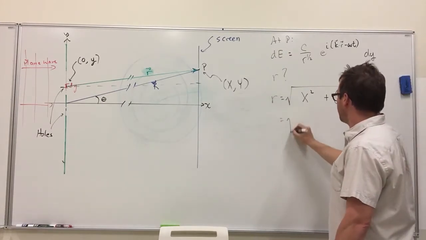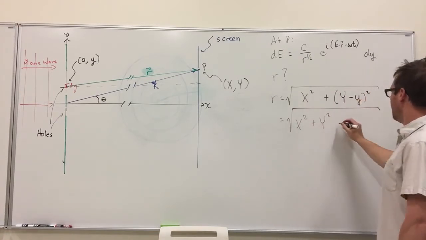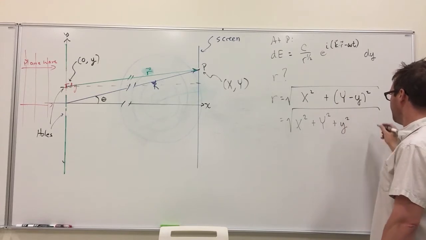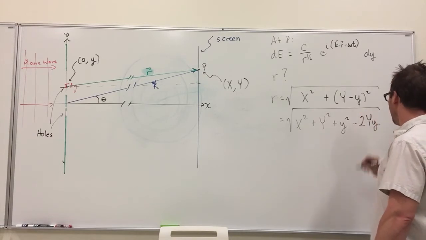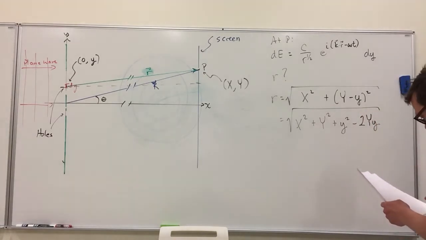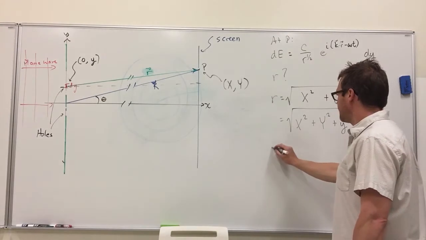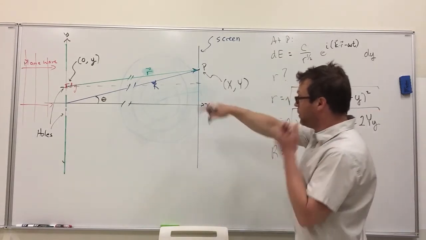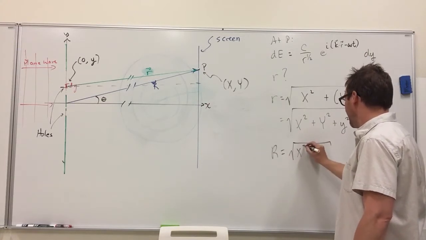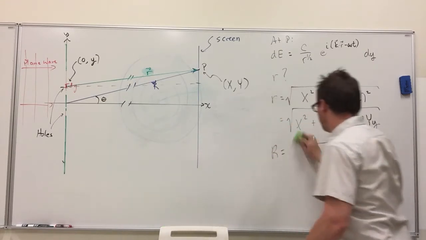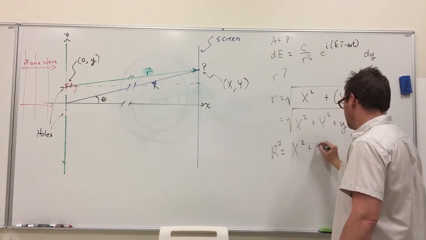Let me just multiply this out inside here. That's going to give me x squared plus big Y squared plus little y squared minus 2 big Y little y, all inside the square root. Now, the magnitude of the blue vector, big R squared, is just going to be big X squared plus big Y squared.